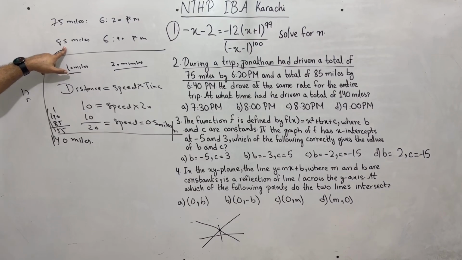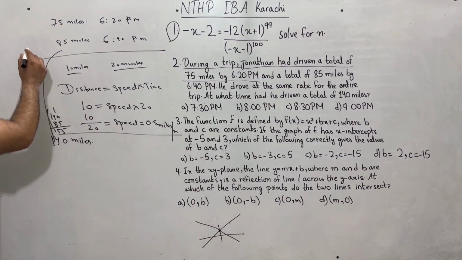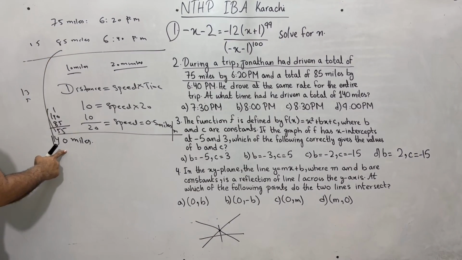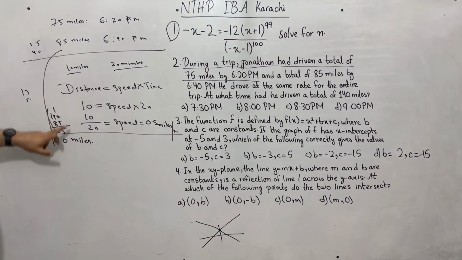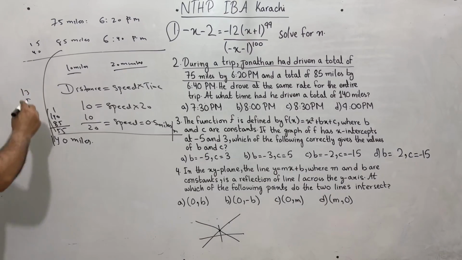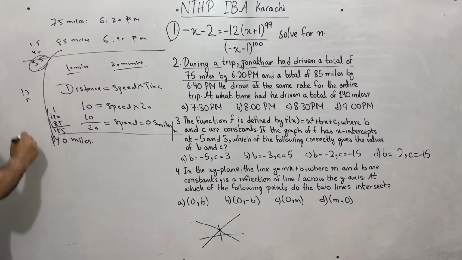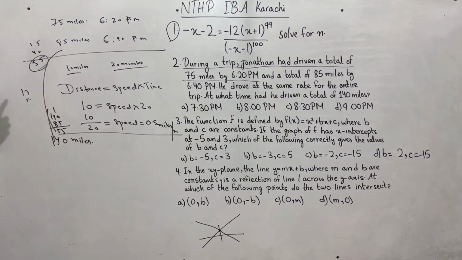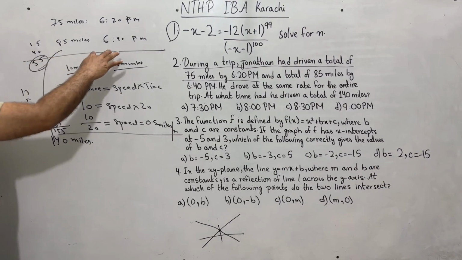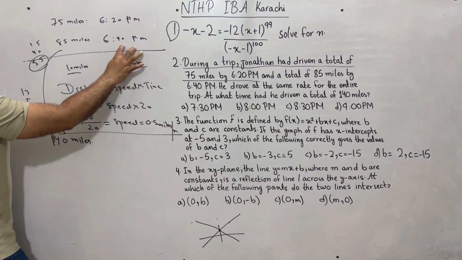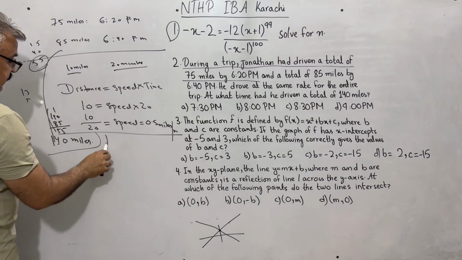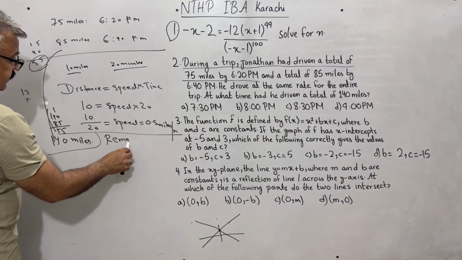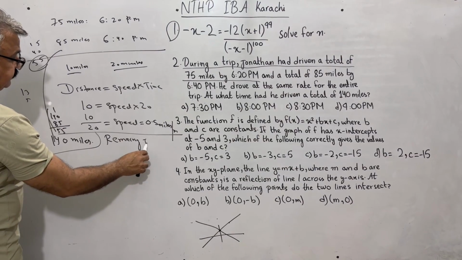If we add 15 to this, 140, 55. 55 miles he still has to cover. Still he has to cover 55 miles in how many minutes? Then we have to add this time to this timing. Let's see and find out the remaining journey.